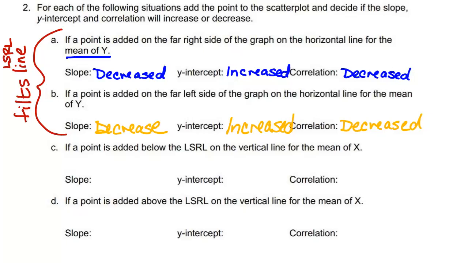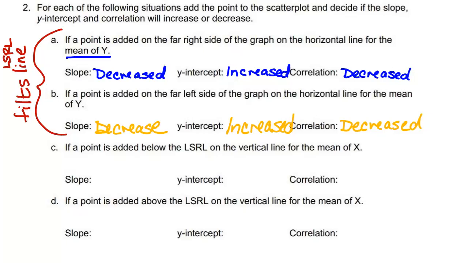So if I add a point below down here, what did that do? It decreased my y-intercept. Did it change my slope at all? Slope stayed the same. My y-intercept just dropped, right?